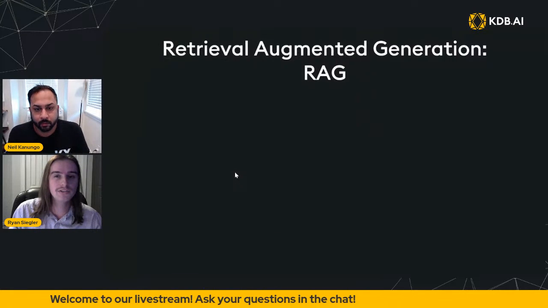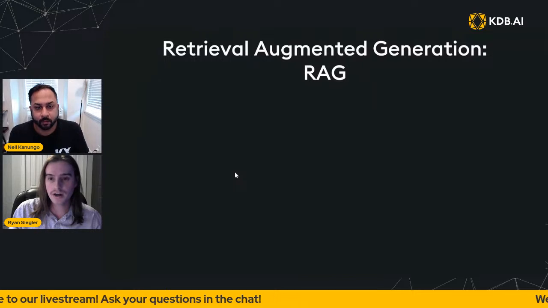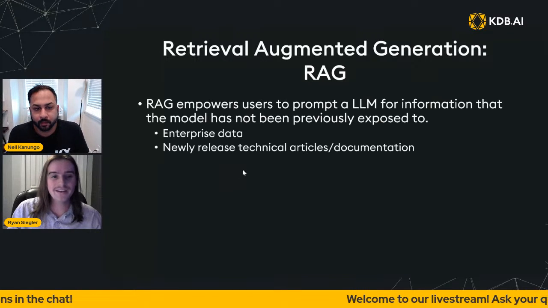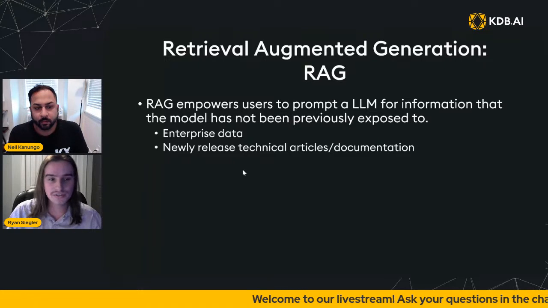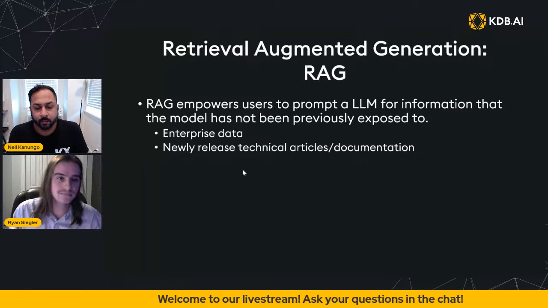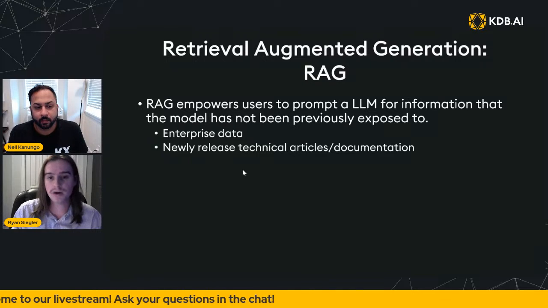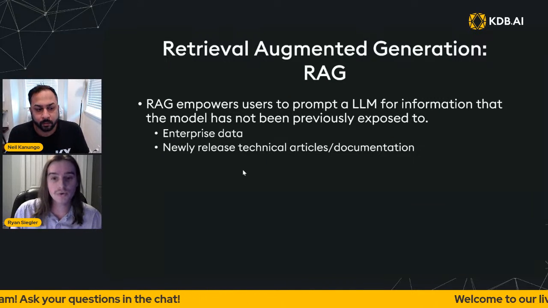So just a quick introduction on RAG, or Retrieval Augmented Generation. The first thing is, what does this do and why are we using it? Really, what RAG does is it allows us to use the power of LLMs on our own data.